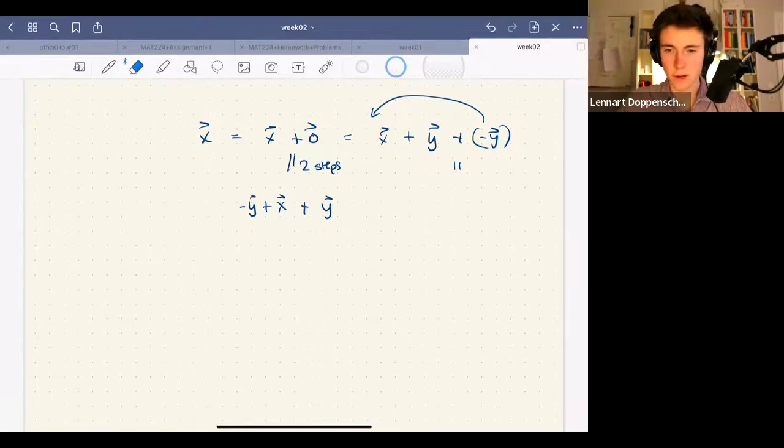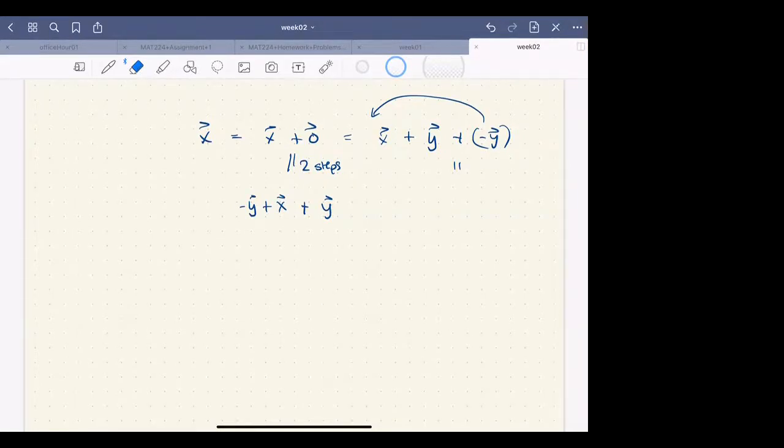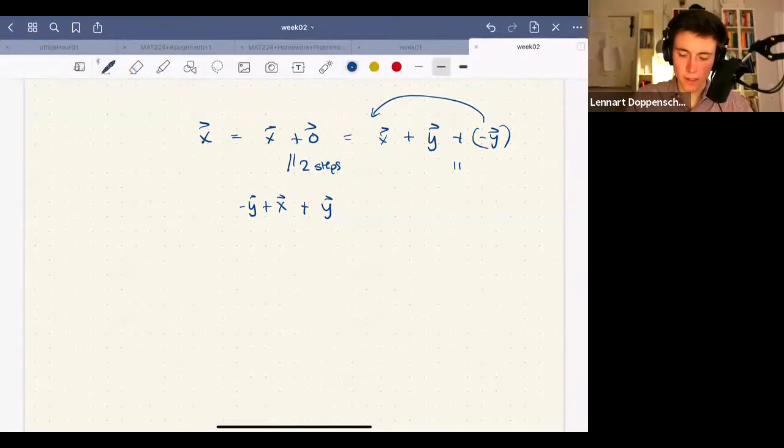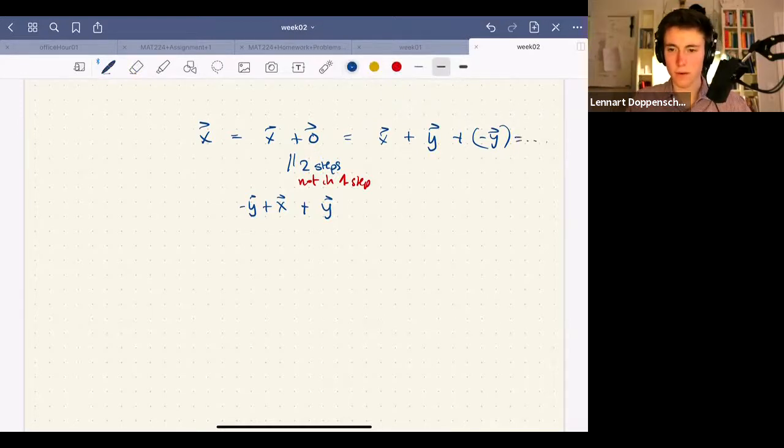I think this is referring to the assignment question. So you can't do this in one step. What you can do is the first line. That's still fine, and then you can go from there wherever you want to go.